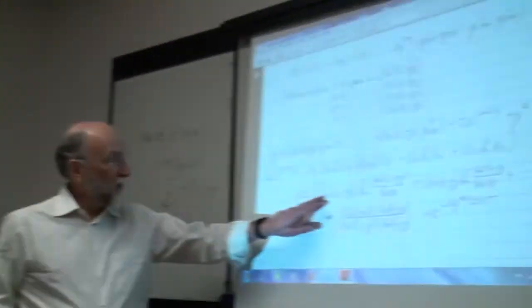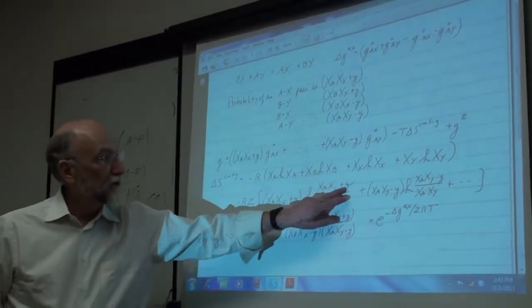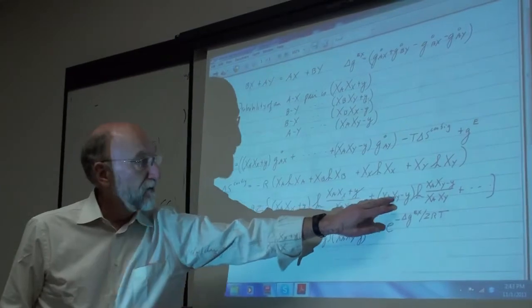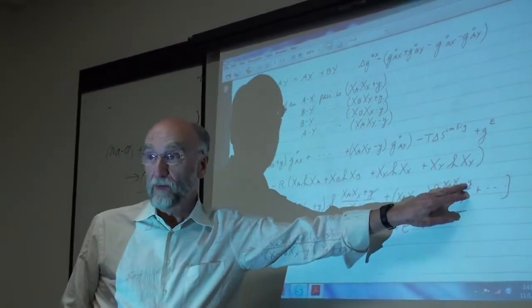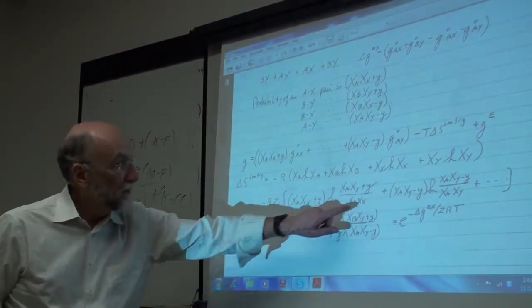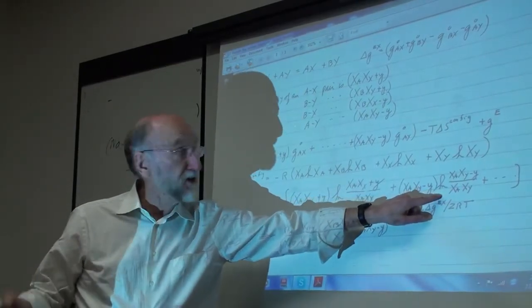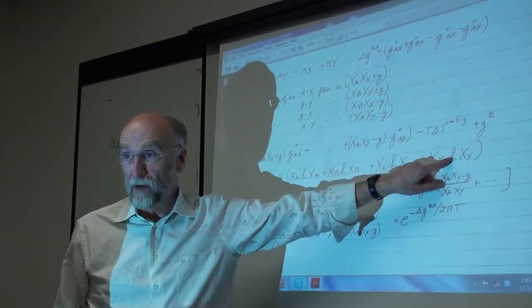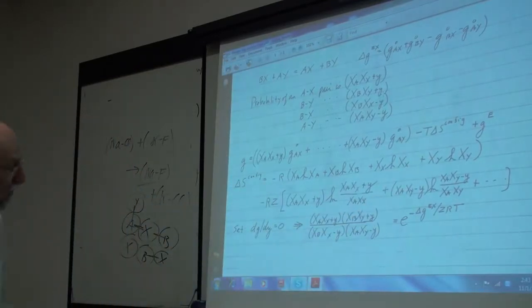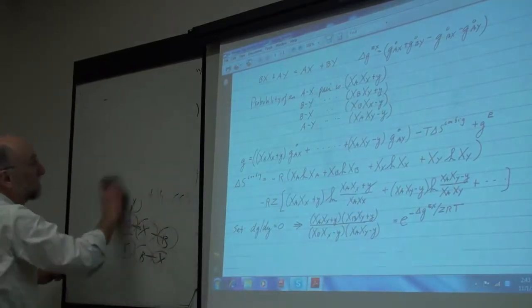So we have the number of AX pairs times the log of the number of AX pairs, plus the AY pairs, log of the fraction of AY pairs, divided by the number of pairs in the ideal solution, and then we add on the ideal term, exactly as we did in the quasi-chemical model for one sublattice.